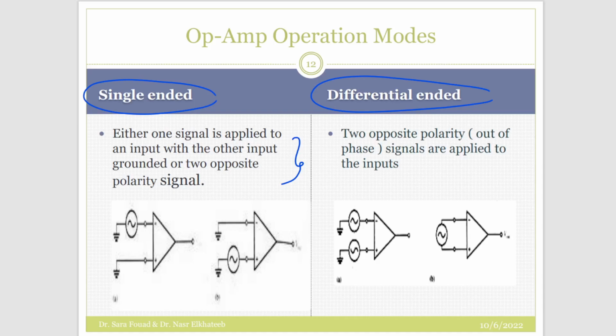So we are going to apply the signal to one of the inputs and the other one is going to be grounded. So there isn't any signal right here. The signal right here is going to be 0 volts, because it is connected to the ground, and the first pin is going to be the input pin that is going to be used.